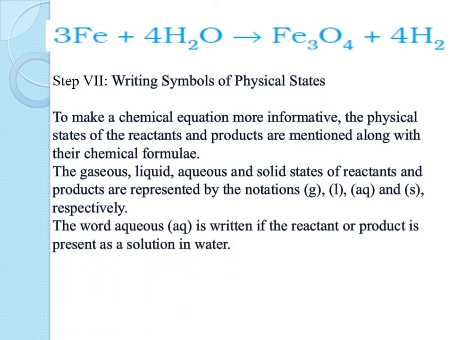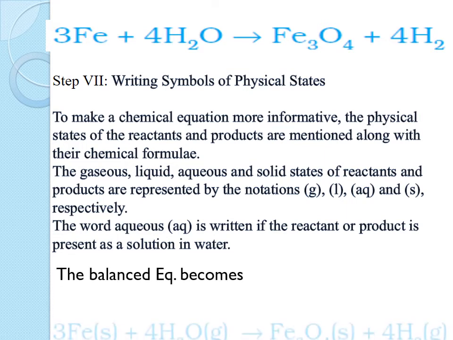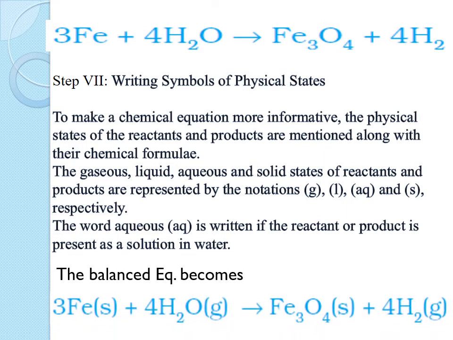The word aqueous is written if the reactant or product is present as a solution in water. Now the balanced equation becomes like this, where physical states of all reactants and products are shown.